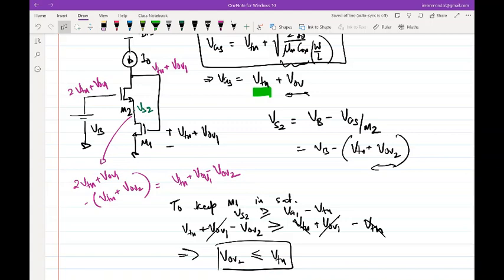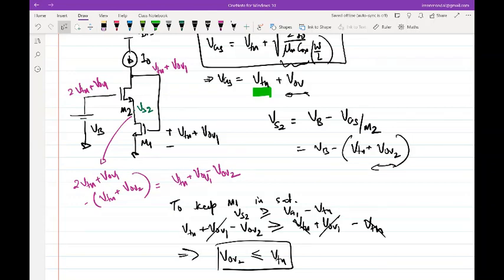Now, since that is resolved, how do I ensure that M2 is not at the edge? Let's assume now I can change VB. VB is 2 VTH plus VOV1. What should I do to VB?